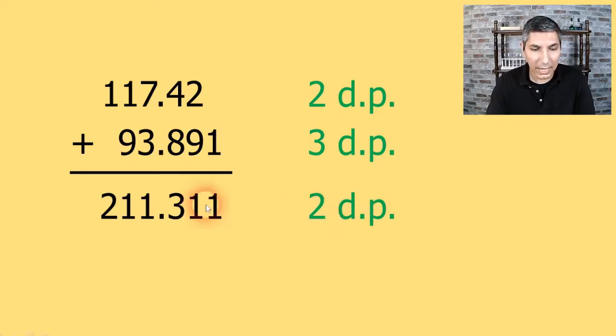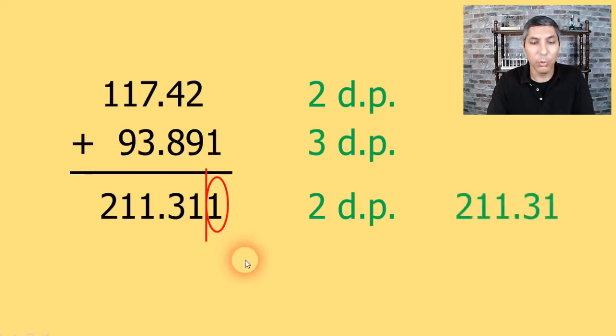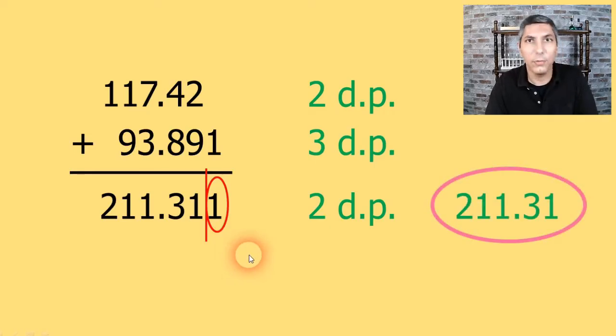That means we have to stop after this next to the last one. And since this next digit, the 1, is smaller than 5, we're going to round down. So that means our expressed answer should be 211.31. So that's how you would solve one of these questions if there's a conflict in the number of decimal places in your 2 numbers.